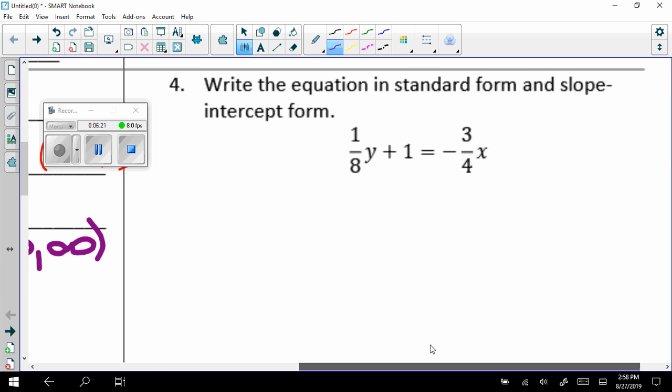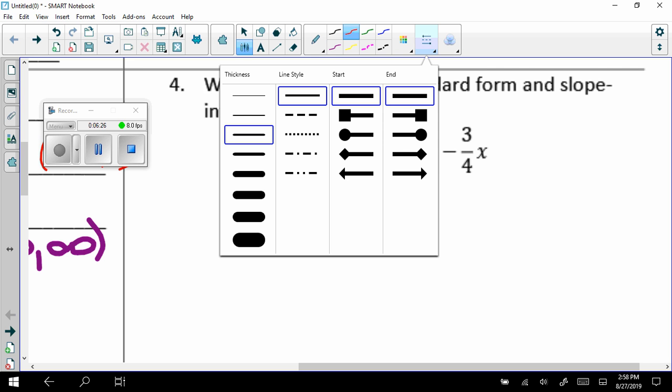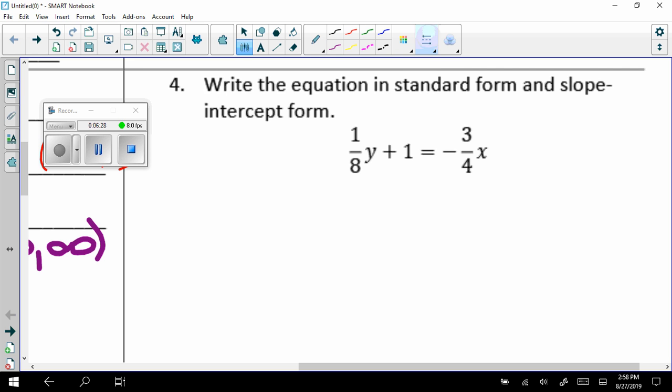All right, number 4. Standard form and slope-intercept form. So I'm not in either here. I'm going to start by getting it into standard form. So I'm going to take my 1/8 y plus 1 equals -3/4 x.